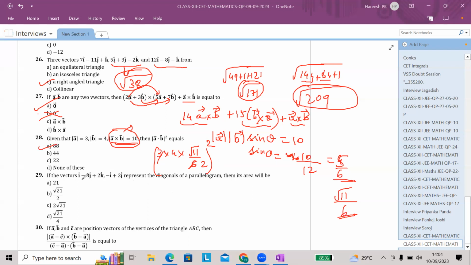This is another easy question. These are the two diagonals of the parallelogram. Area is half mod diagonal 1 cross diagonal 2. So now when you try taking the cross product, you'll get I, J, K, 1 minus 3, 2, minus 1, 2, 0.